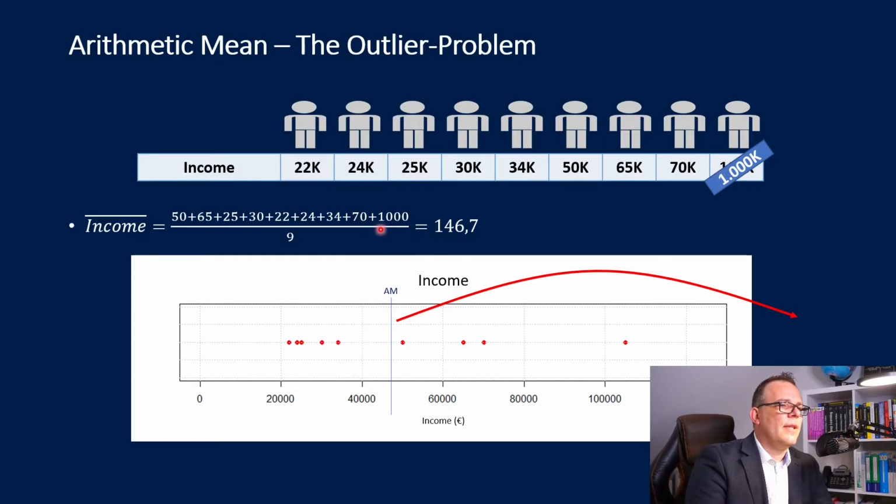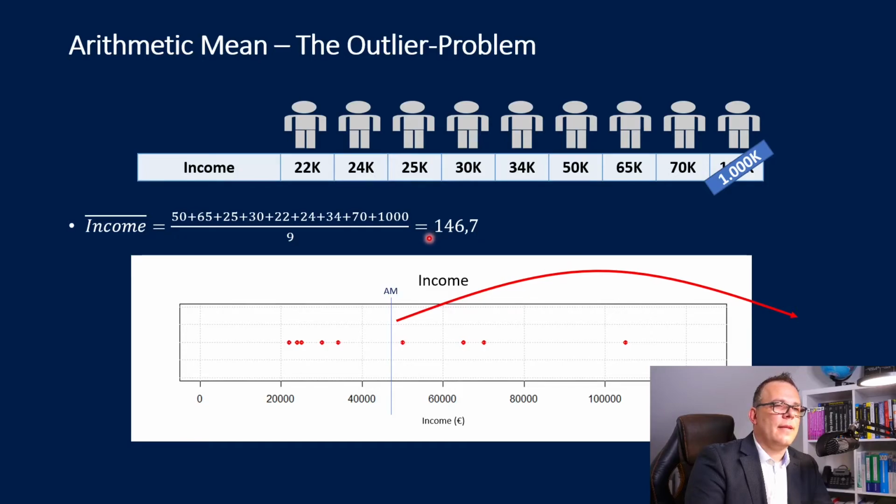From this calculation, I just removed the 105 and replaced it by 1,000, which is 1 million in this case. The arithmetic mean jumps up a lot, nearly 100,000 of income. So the arithmetic mean would now move far away.